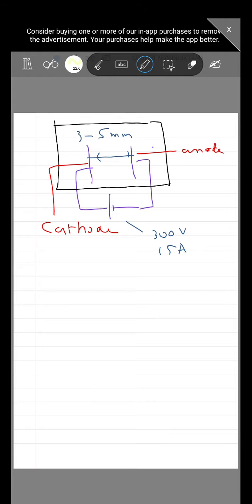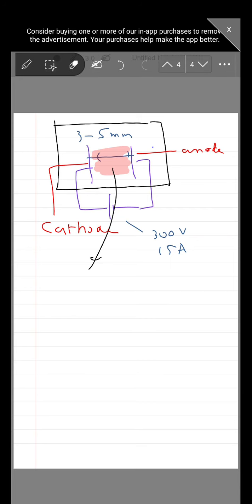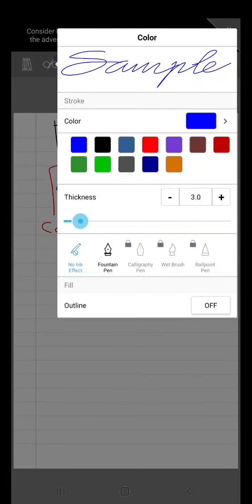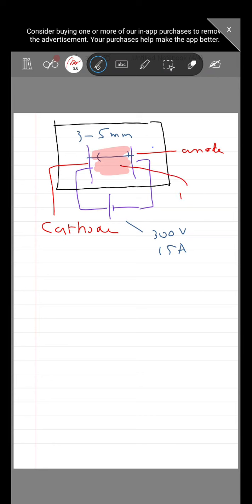So what happens is that there is an ignition taking place between these two. So there is an ignition, which is actually called an arc.